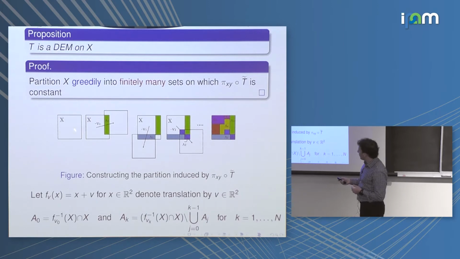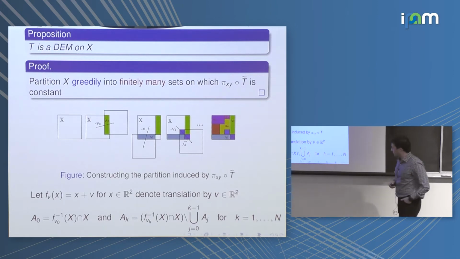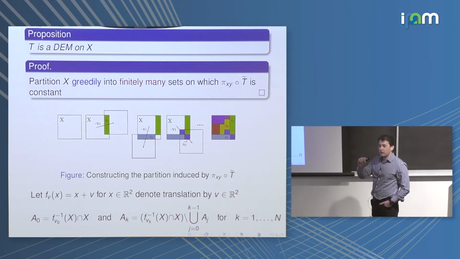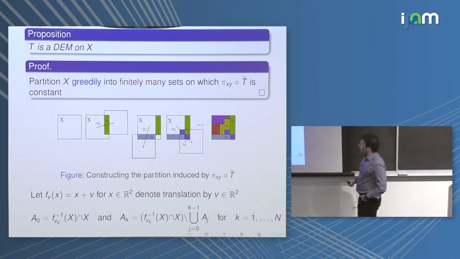When you translate it, you move your square over here, and you can intersect that with this first square, and you get this small green region A0. That will be the first tile in our partition of the domain exchange map. And then you keep going.